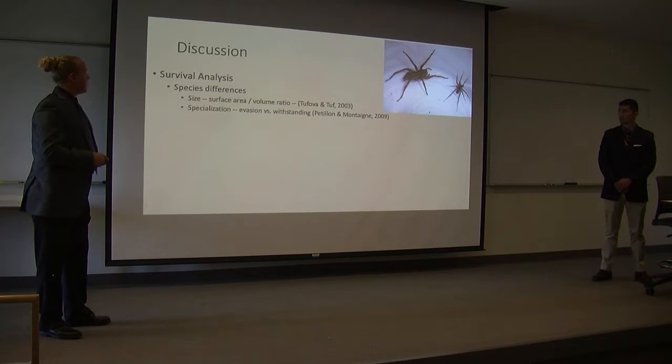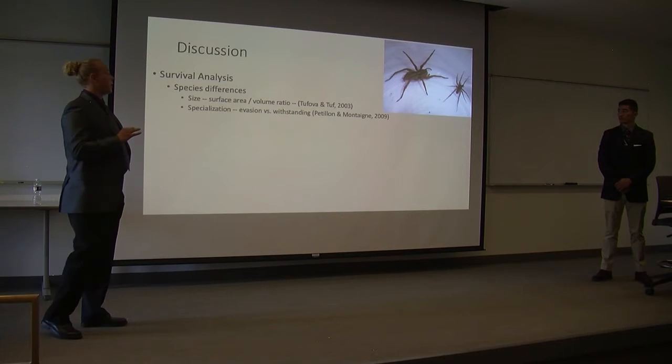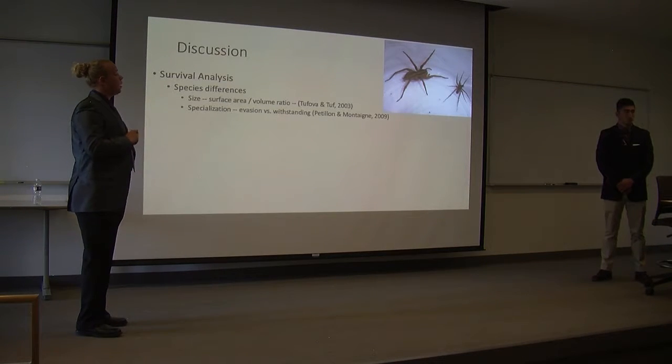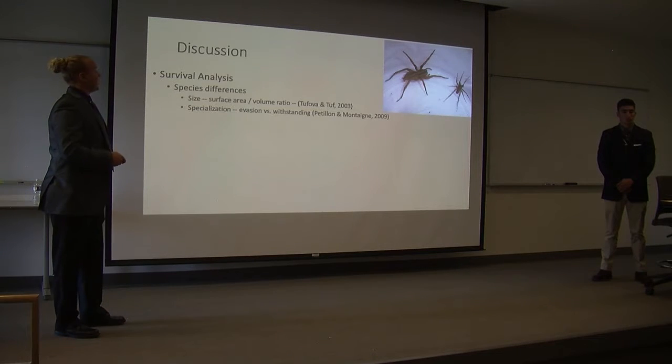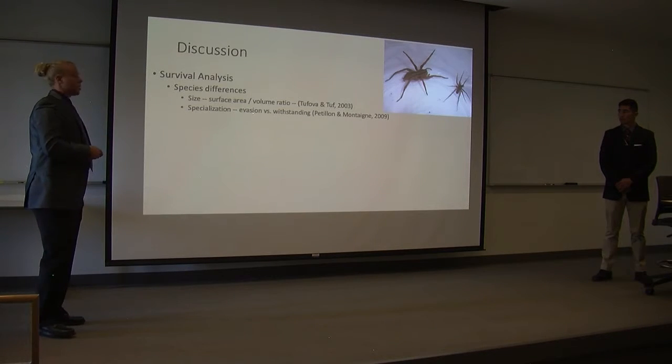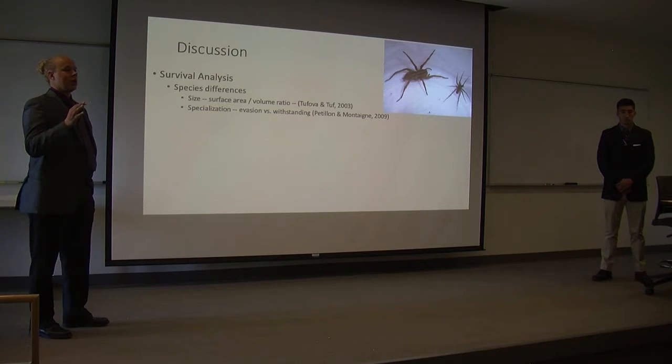Another study that we looked at in 2009 was done on the specialization of 3 different species of wolf spider. What we think is that this compares to ours is because some of their wolf spiders actually withstood flooding events, so they would take it and hold on to something or just move with the water downstream, compared to another species which evaded it or tried to get up on vegetation or trees.